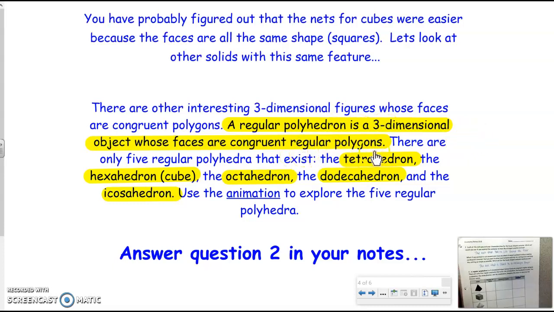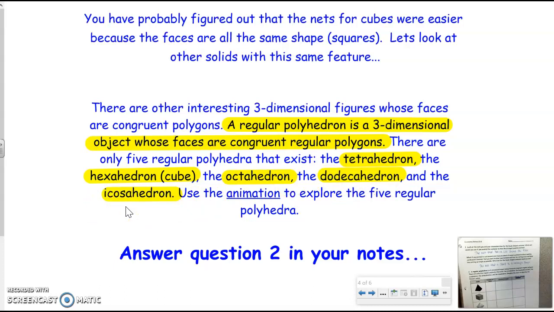So let's talk about what a regular polygon is again. Regular means all of the sides are equal and all of the angles are equal, so equiangular and equilateral. There are only 5 that exist, and they are called a tetrahedron, a hexahedron, also known as a cube, an octahedron, a dodecahedron, and an icosahedron.